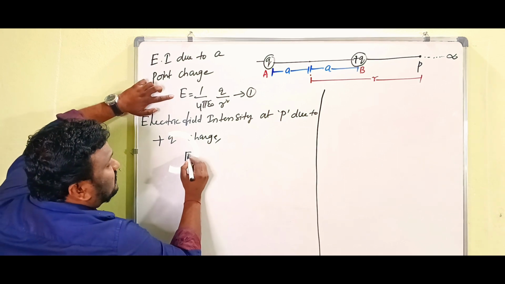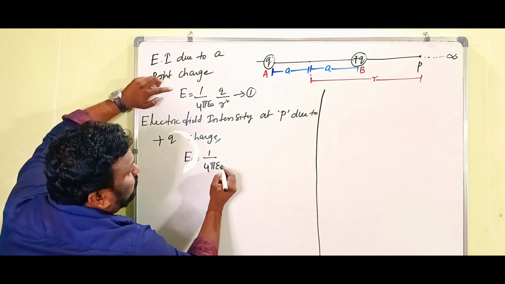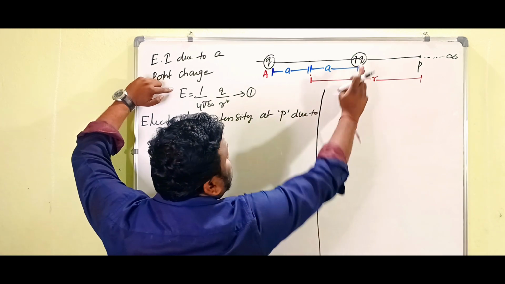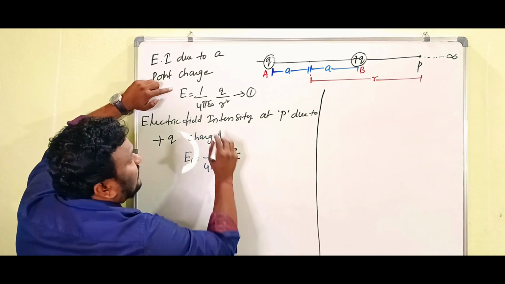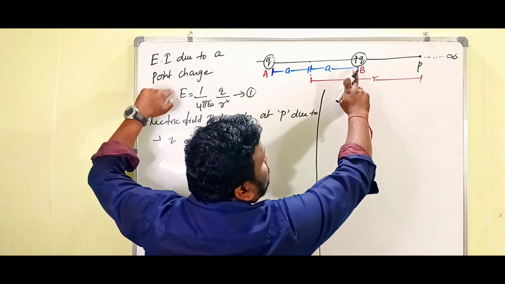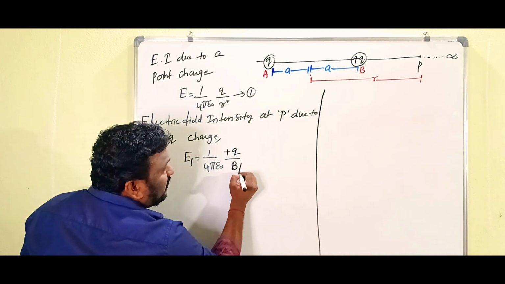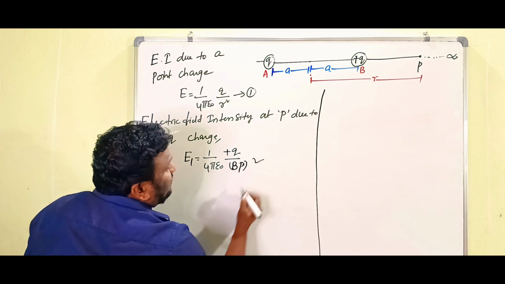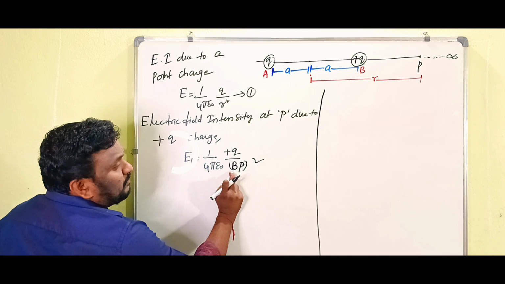Already we know, E1 is equals to 1 by 4 pi epsilon naught, the charge we are taking is plus q, by distance. How much? The distance from the charge to point P, that is BP whole square. We can write E1 is equals to 1 by 4 pi epsilon naught plus q by BP squared.